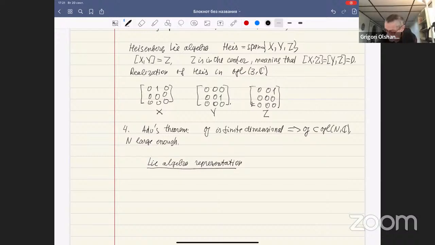We take some vector space. We consider the space of operators on it with the Lie structure, which is given by the commutator.